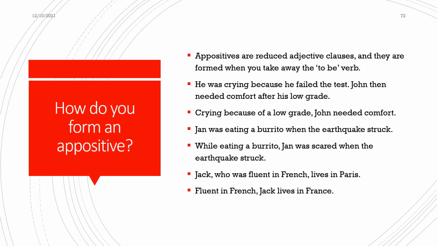And so in conversation, people started to take away the who and the is, and they would just say John, a professional magician, instead of saying John, who is a professional magician. So if you study linguistics, it's interesting how English evolves and how in conversation, people want to shorten what they're saying. That's how contractions came about, because people are too lazy to say he is, so they say he's. Anyway, that's a different topic.